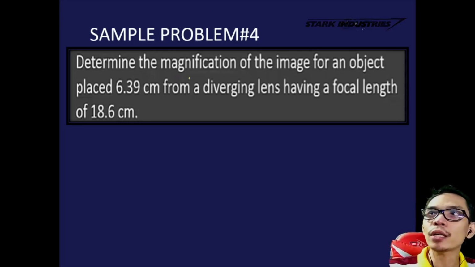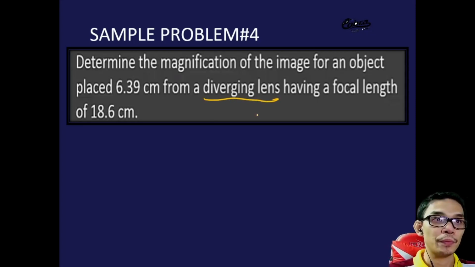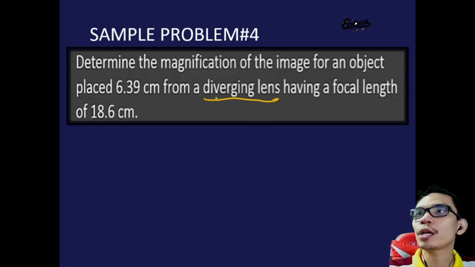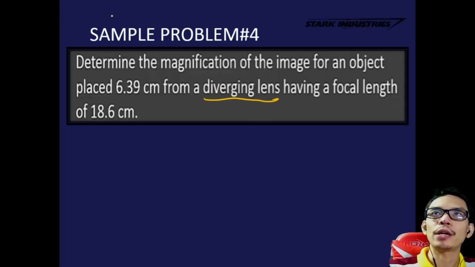So let's take a look at the problem. The problem is using the diverging lens. We don't have a type of image, only a type of lens. Let's write everything now.